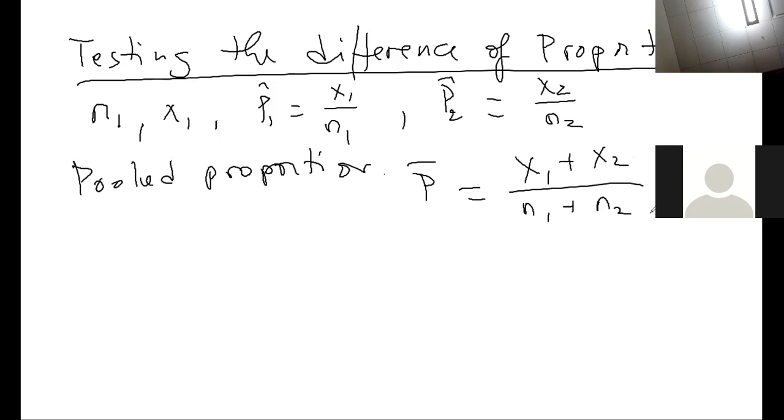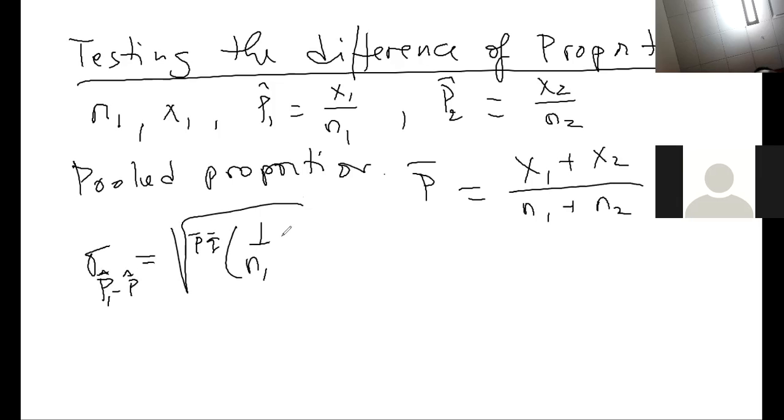We put the two samples together and find a common proportion that will help us take an approximate value of the sample proportion for the difference. So we have P1, P2. We will have the square root of P bar Q bar times 1 over N1 plus 1 over N2.